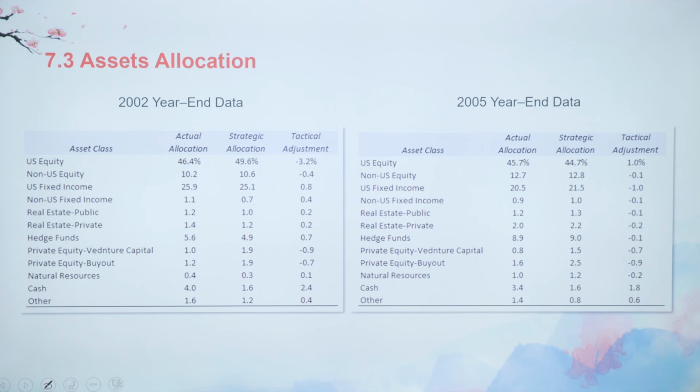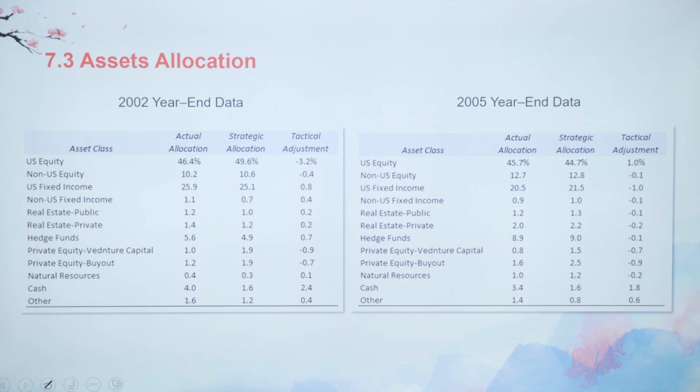And obviously, there is a strong view against the fixed income investment. So both of these tables show you that we don't think the fixed income will give us a higher return, so we underweight the fixed income investment.